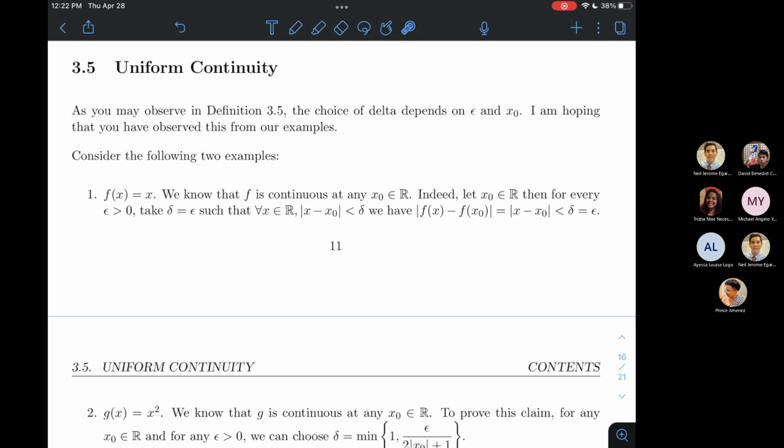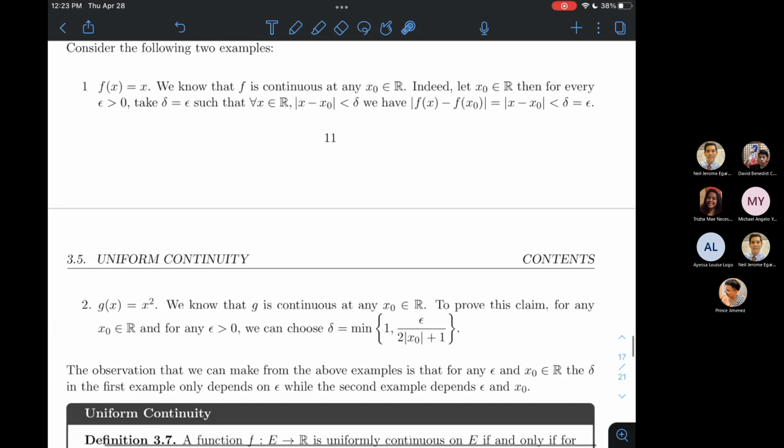So ang idea, para ma-quantify yung gusto kong mangyari na kapag magkalapit na yung mga x's, dapat magkalapit na yung function values nila. That is, the choice for delta insofar as the epsilon-delta definition of continuity or limits is concerned ay dapat independent sa x sub 0. Okay? So dapat meron kang isang delta na mag-work sa kahit na anong x. Hindi siya dapat nakadepende kay x sub 0. Okay?